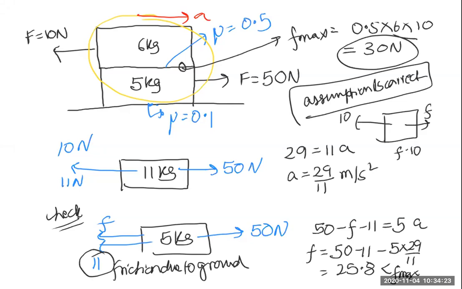F minus 10 is equal to 6. करो डालो F का value.